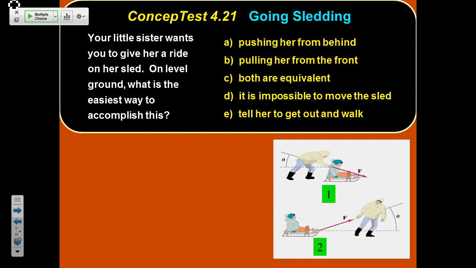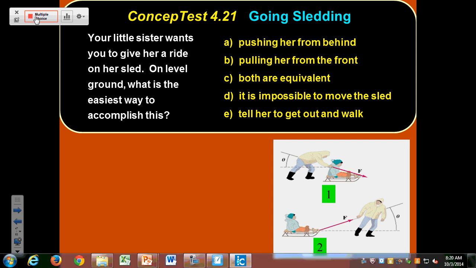Your little sister wants you to give her a ride on her sled. What's the easiest way to accomplish this? Push her from behind, pull her from behind, or are those equivalent? That is, which of these scenarios will give the least frictional force? To push from behind or pull from behind?